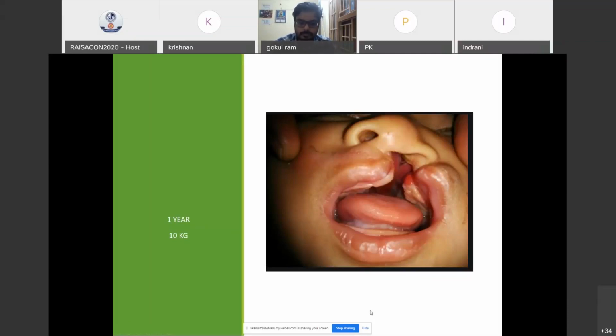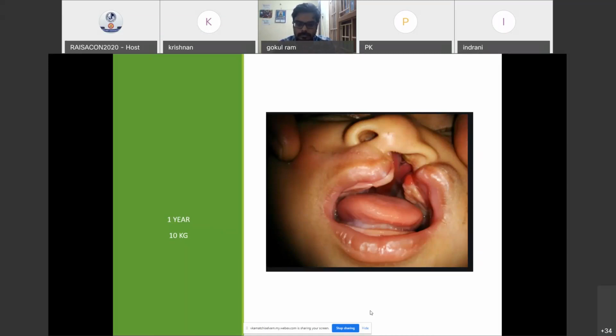Then we'll start. Actually, this class is a short case. Normally we take around 15 minutes for a short case, but because this is not exactly a practical examination, we thought we'll slightly increase the time so that we can put in more points for the postgraduates.